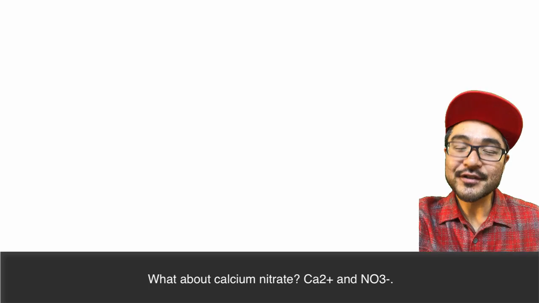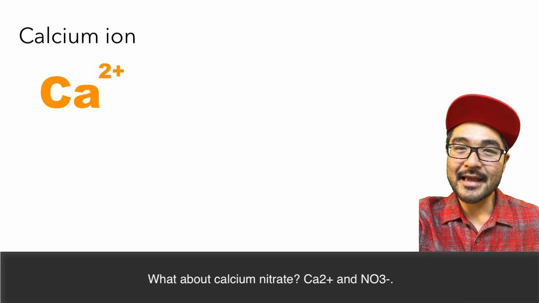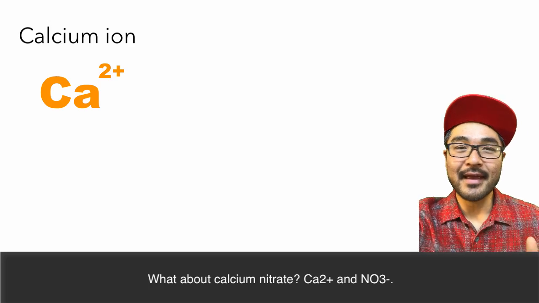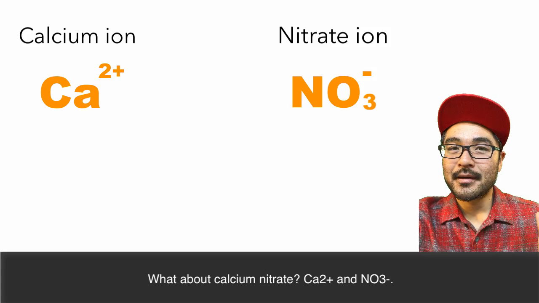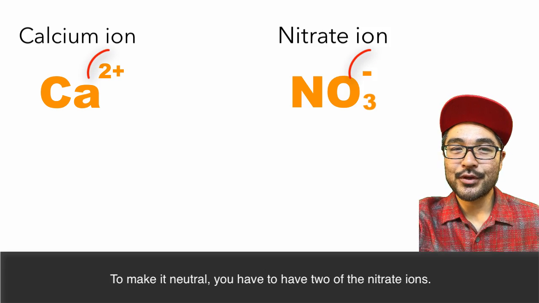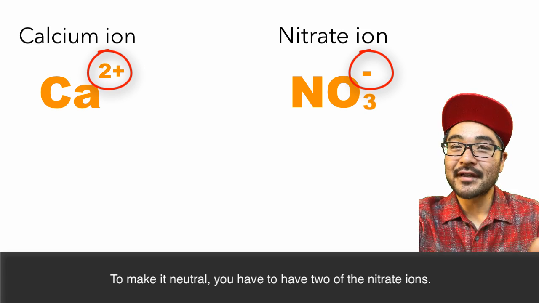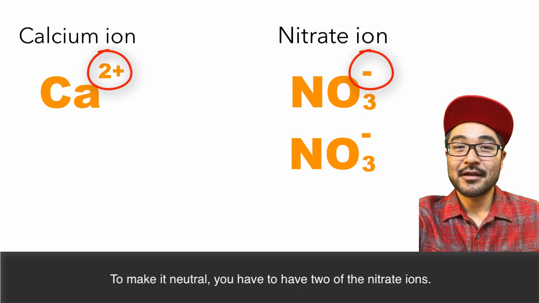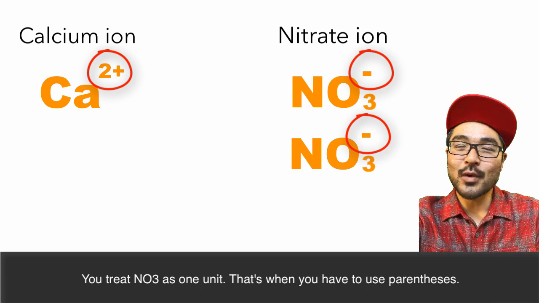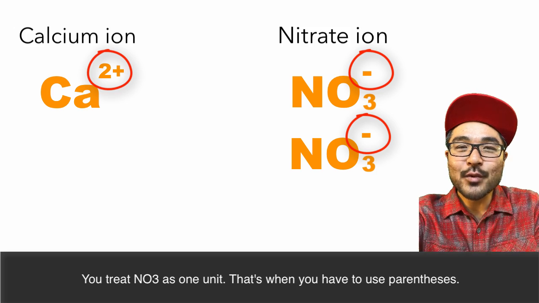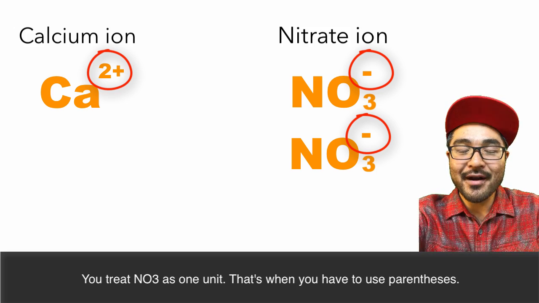What about calcium nitrate, Ca2+ and NO3-? To make it neutral, you have to have 2 of the nitrate ions. You treat NO3 as one unit. That's when you have to use parentheses.